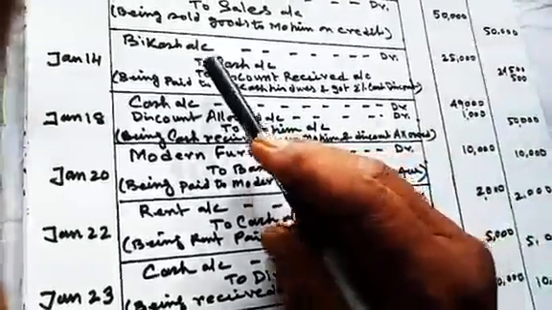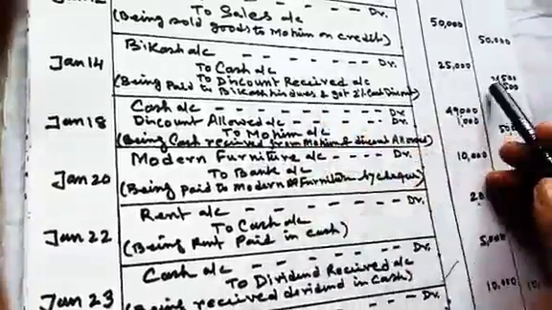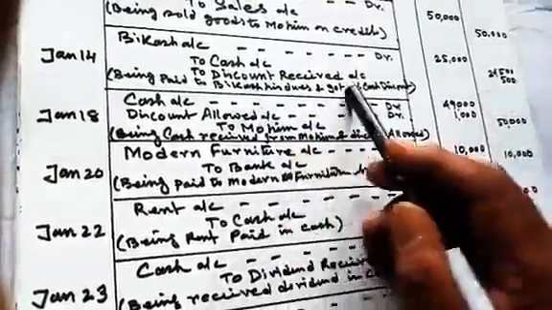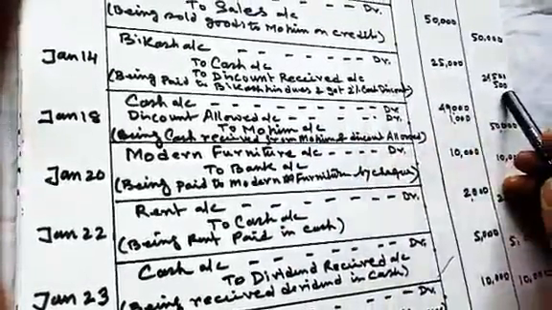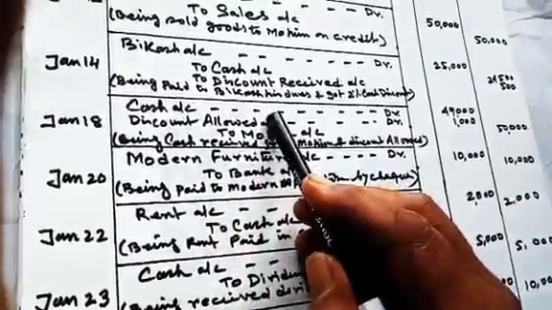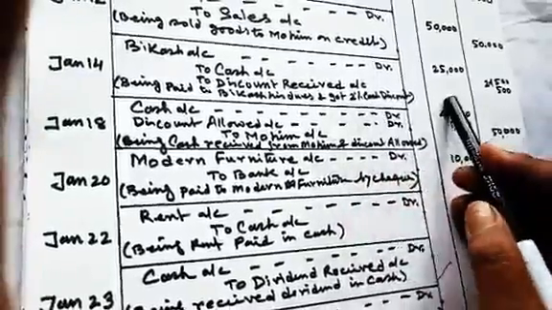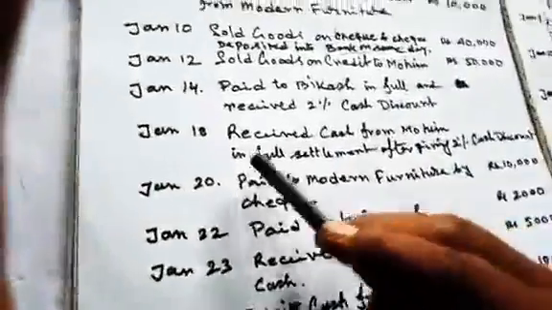So Bikash account is debit 25,000, to cash account 24,500, to discount received account 500. The narration: being paid to Bikash against his dues and got 2% cash discount. Now come to the next transaction, January 18.